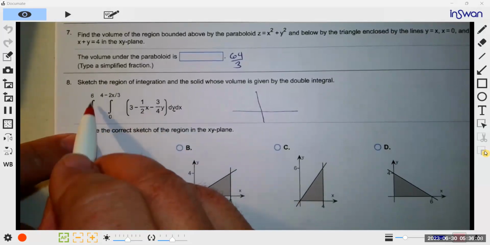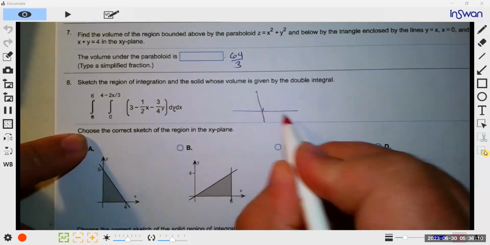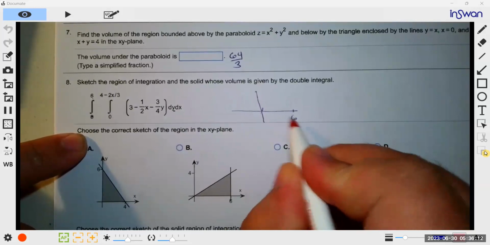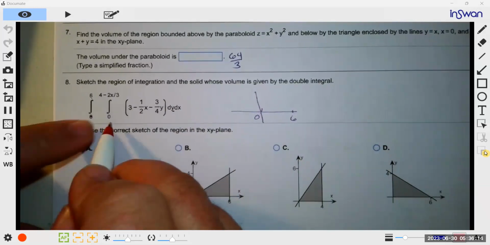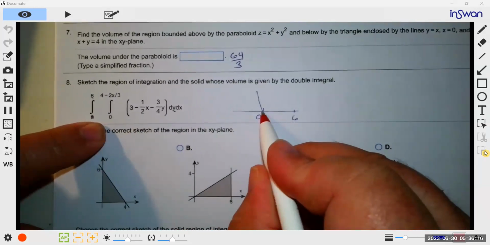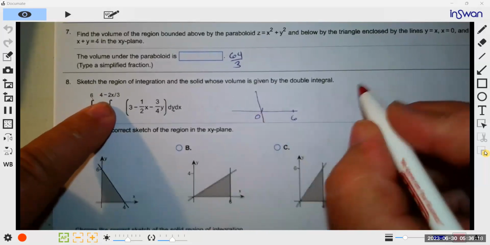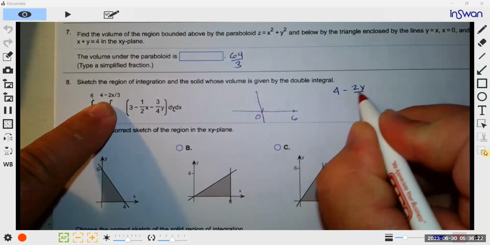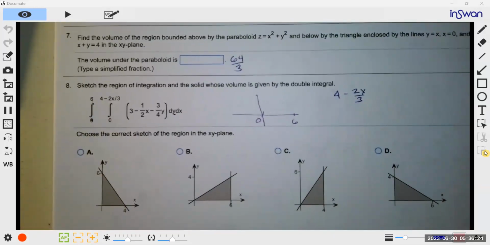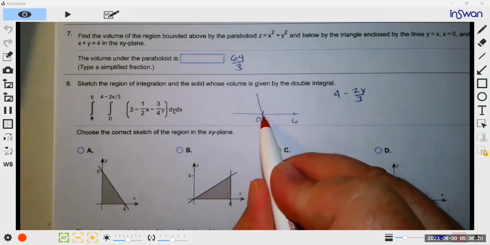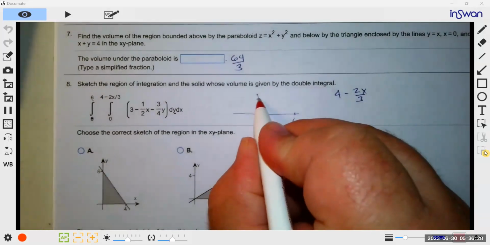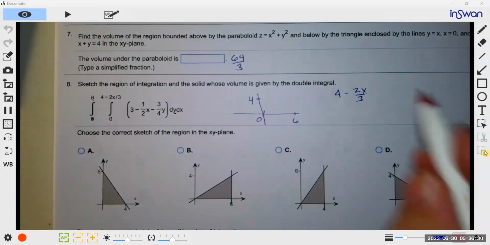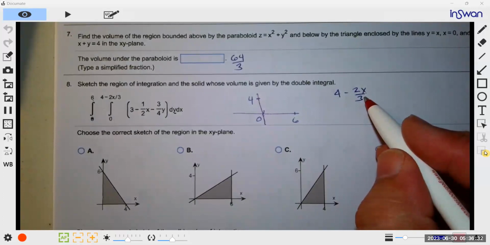So we know the x goes from 0 to 6. That's what this one tells us. The y's go from 0 to 4 minus 2x over 3. When x is 0, y is 4. And it's a downward slope from there.